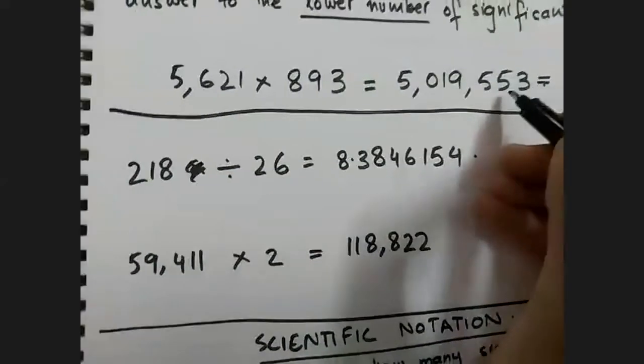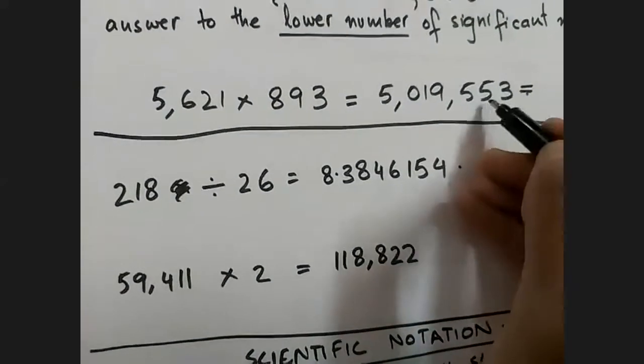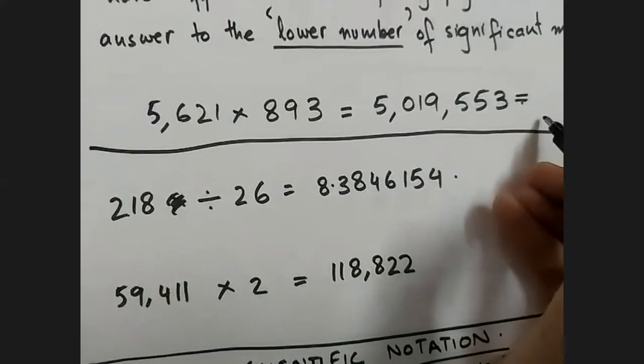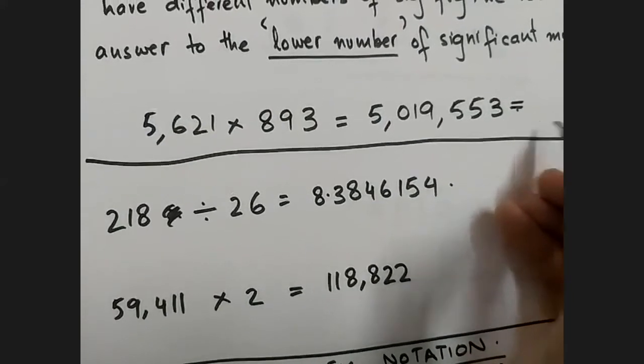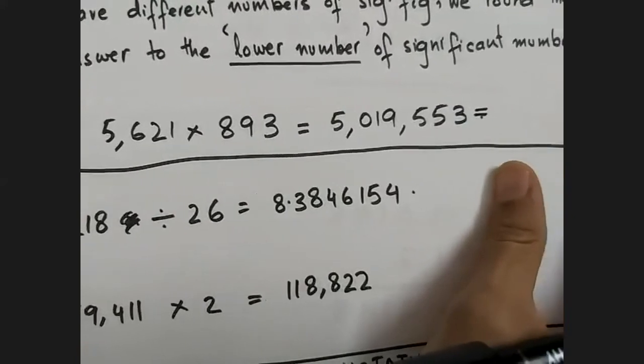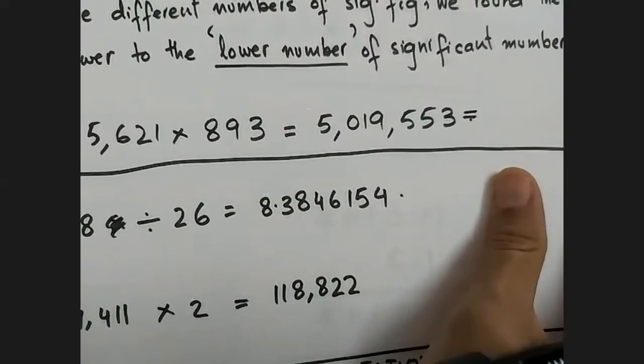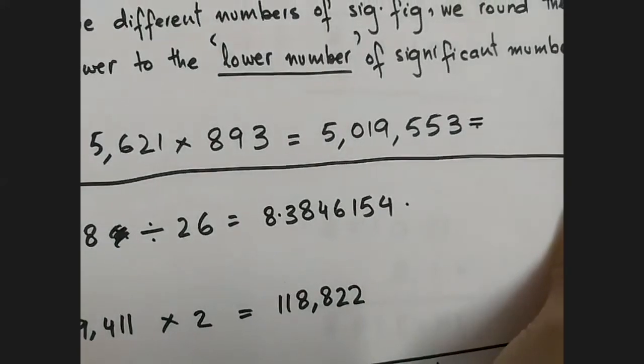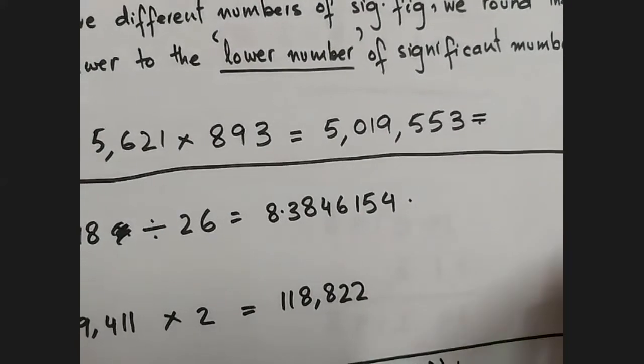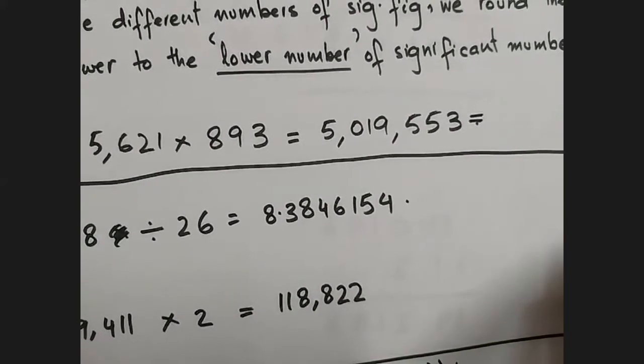Can you do this question with me? Round this final answer to the appropriate number of significant figures. Can you do this? Now I cannot hear you clearly. Your voice is cutting.